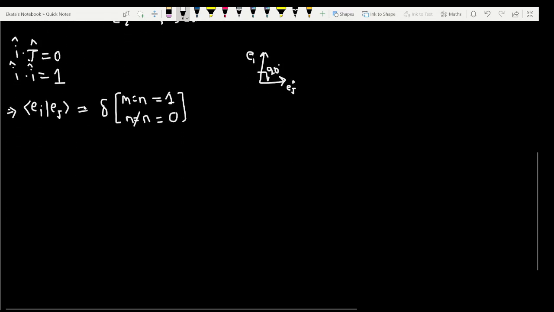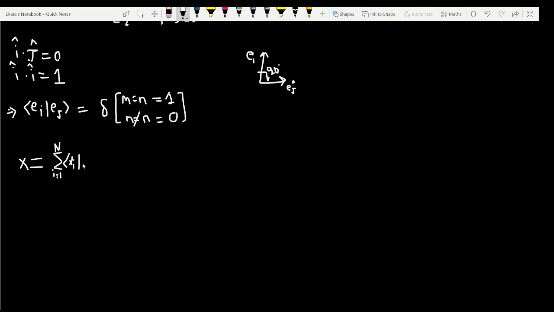But this is a sloppy way. To define the vector exactly, the vector x in n dimensions can be written as the sum over i from 1 to n of x_i e_i.